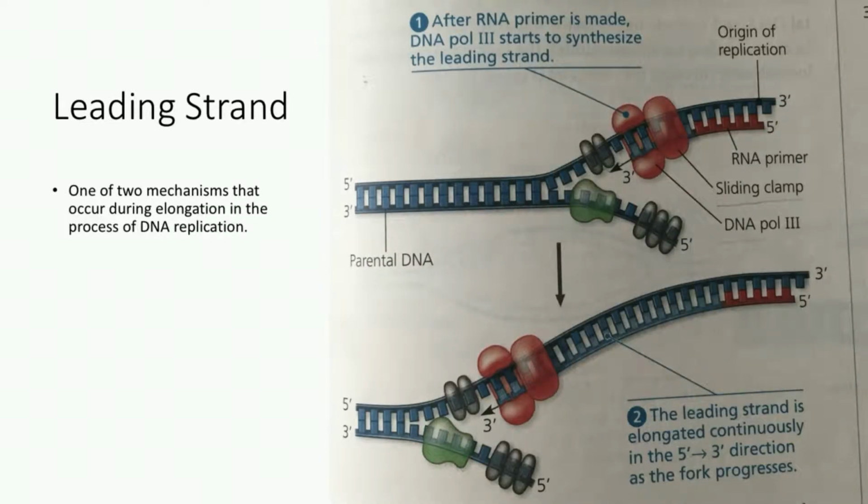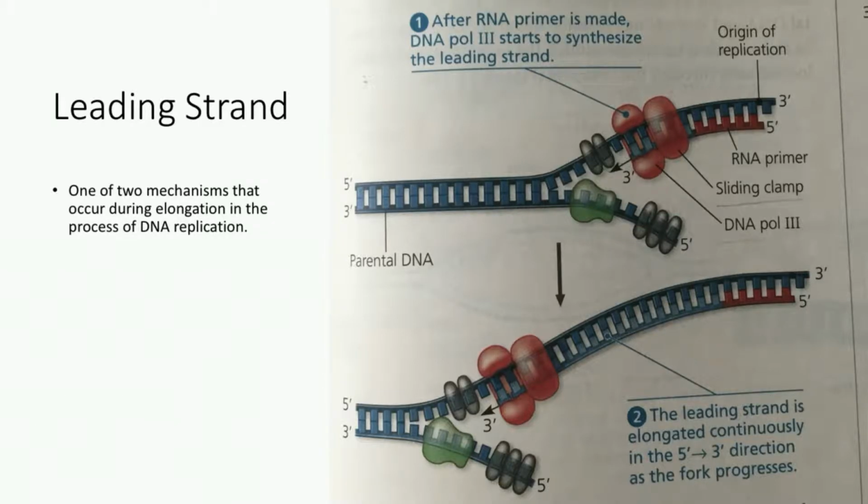Leading strand is one of 2 mechanisms that occur during elongation. In the leading strand mechanism, after the RNA primer is made, DNA polymerase 3 on one template strand can synthesize a new complementary strand by elongating the new DNA strand in the direction of 5' to 3'.